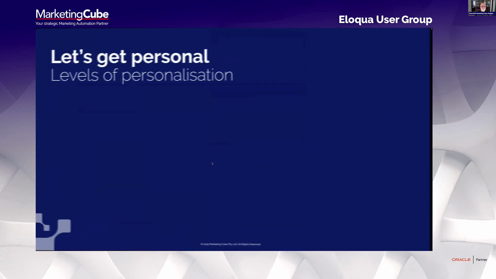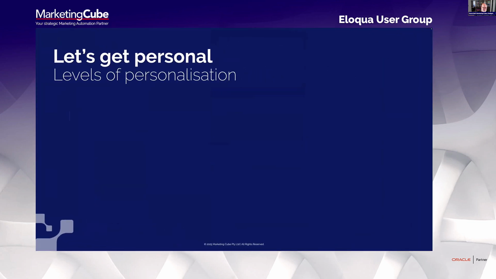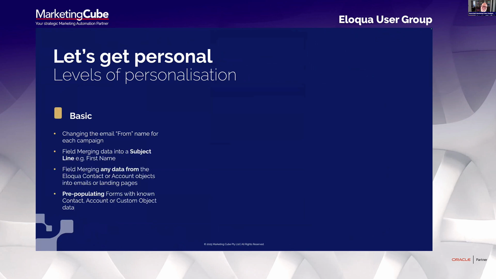Okay, so let's get personal. I was trying to think of how we might gauge our level of personalization as Eloqua users. So I sat with one of our tech team guys, Thomas, to throw some of these ideas at him, and we arrived at 3 levels.